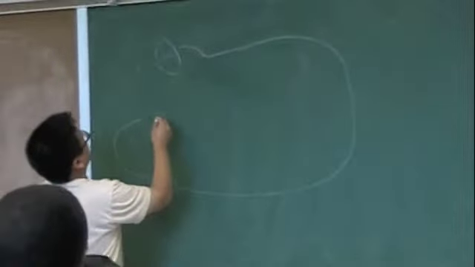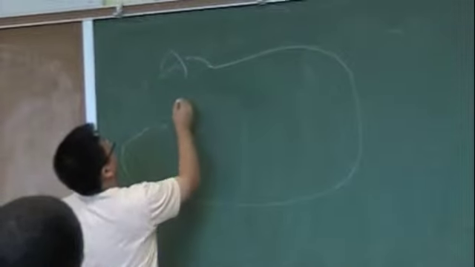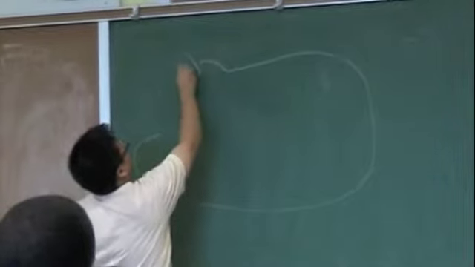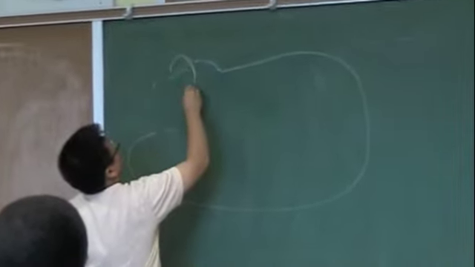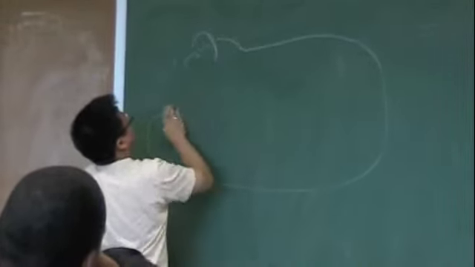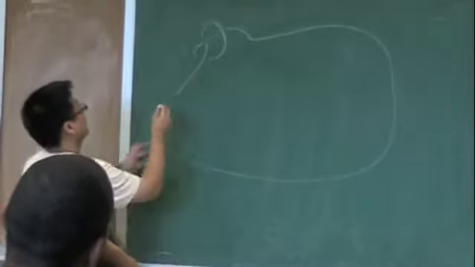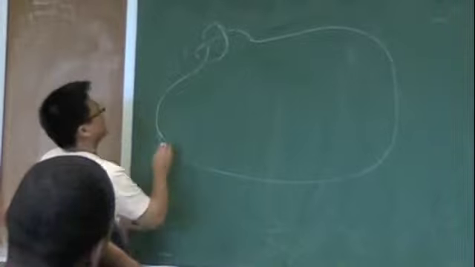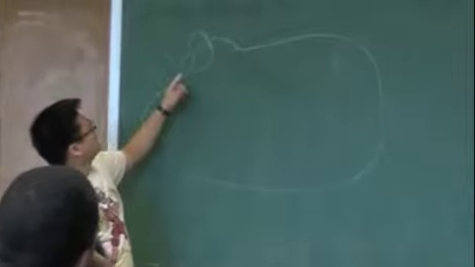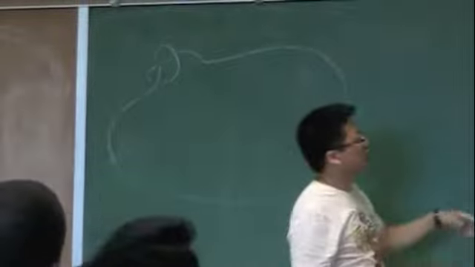Let's draw it more like this. Okay. So let's make it more like what I want there. It took a little while, but anyways, I can think of this little thing on this big loop. Okay?